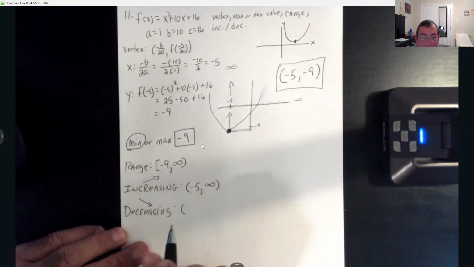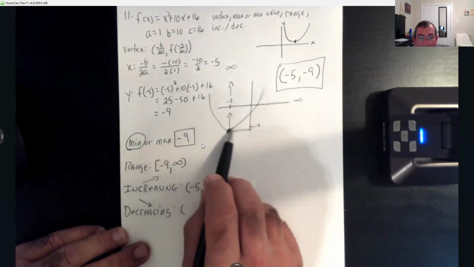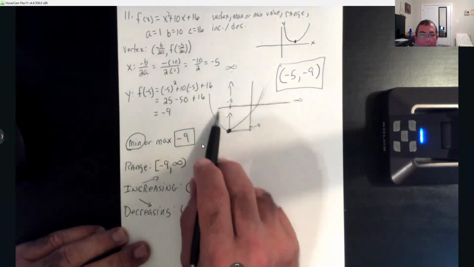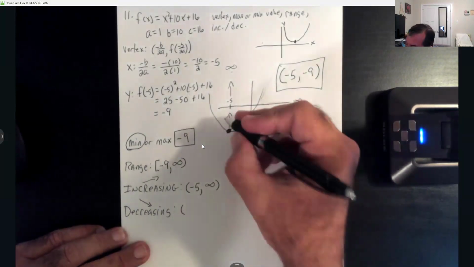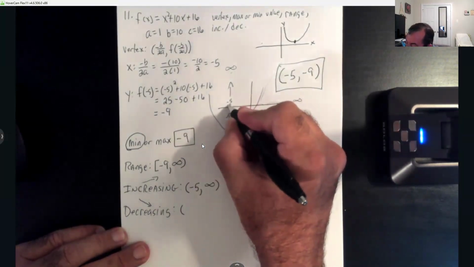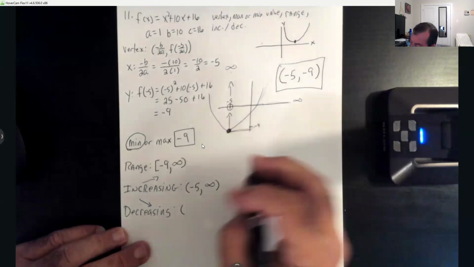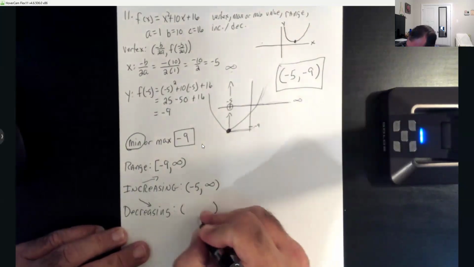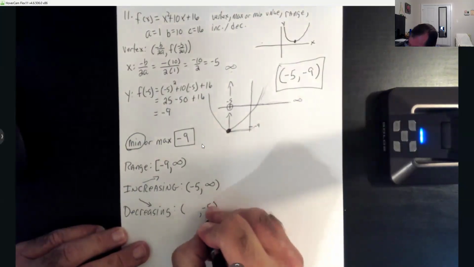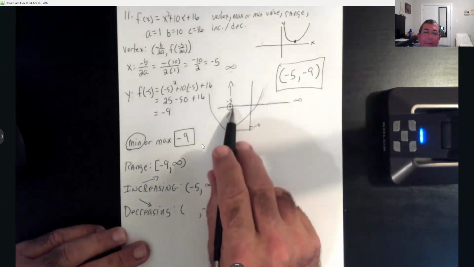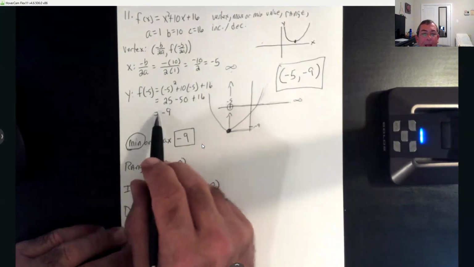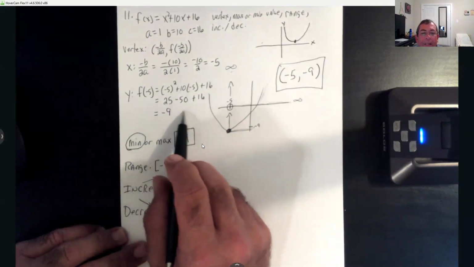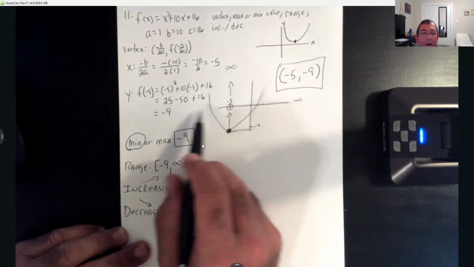So decreasing was this side of the graph going downhill. Now I know where it stops going downhill. It stops going downhill at that x value of -5. Remember, you got to read left to right. So where are these x's coming in from over here?